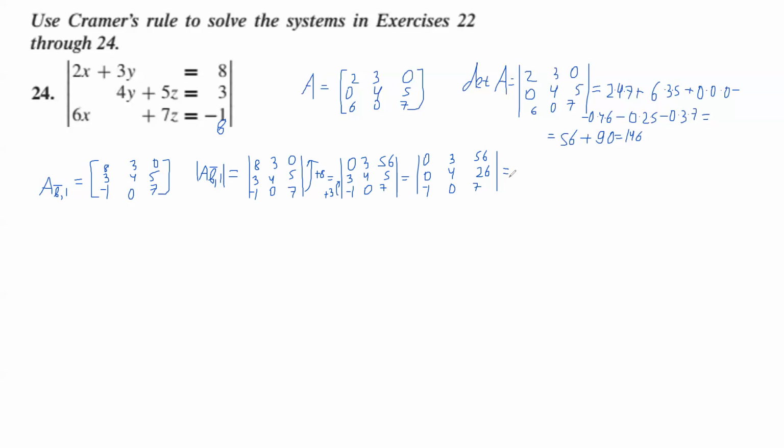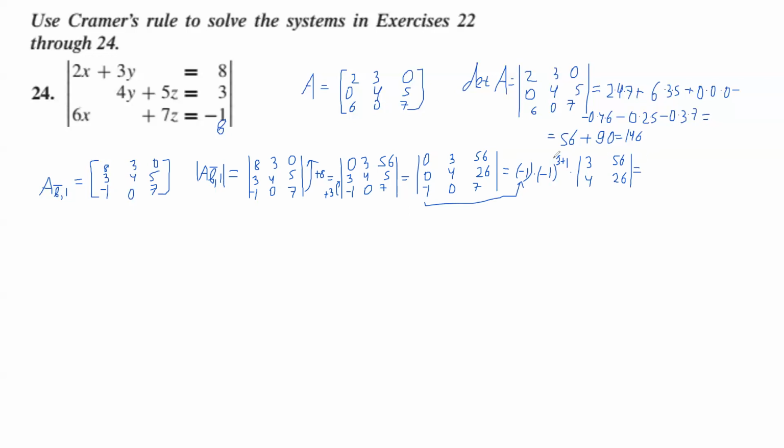So this determinant can be calculated using cofactors. I will place minus 1, this value, times minus 1 to the power of the sum of the number of the row, which is 3, and the number of the column, which is 1, times the remaining determinant, which is 3, 56, 4, 26. So we eliminated the first column and the third row, and the remainder is that.